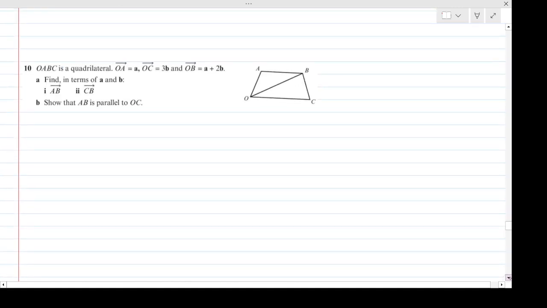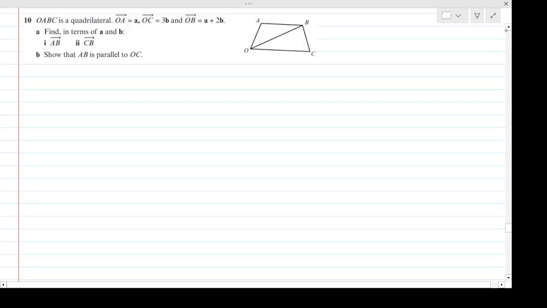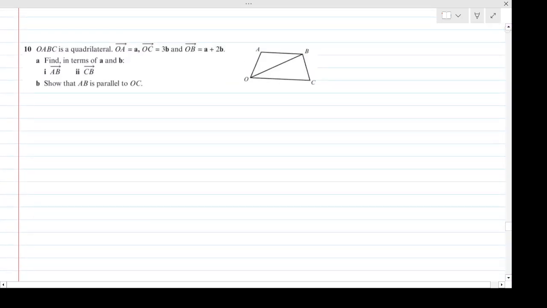Now we've got this question here. We are given a quadrilateral OABC, the vertices, right? We're given OA is A, and OC is 3 lots of B, and OB, which is there, is A plus 2B. I'm going to draw this a bit bigger as well, just so you can really see.